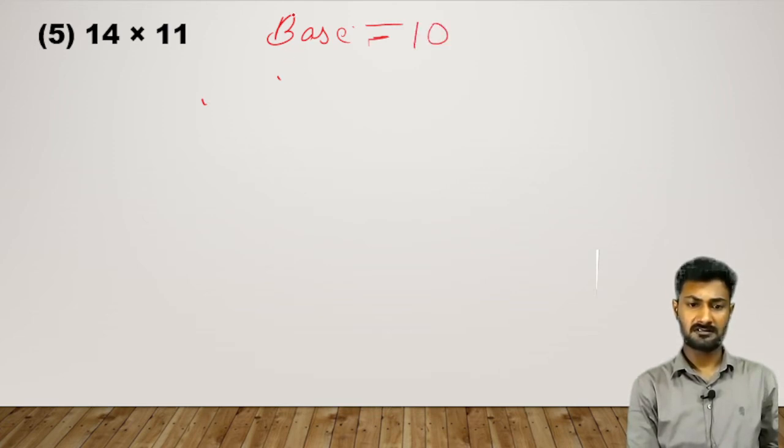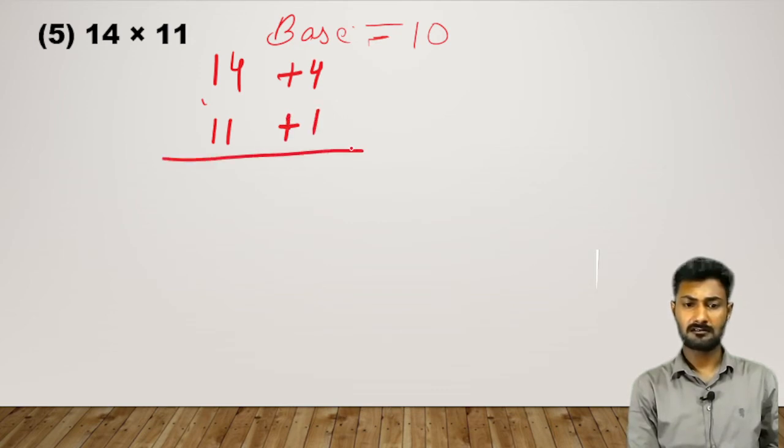Write the numbers 14 and 11. Deviation of 14 is plus 4. Deviation of 11 is plus 1. Now cross solve 14 plus 1, or write the deviation and multiply them.